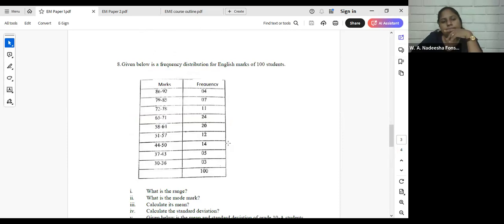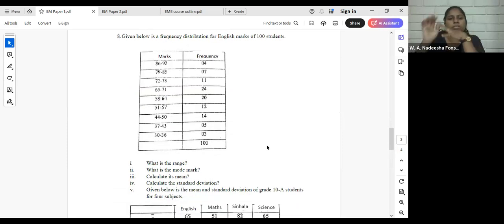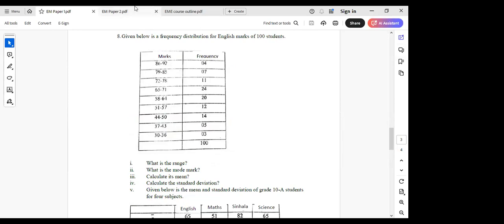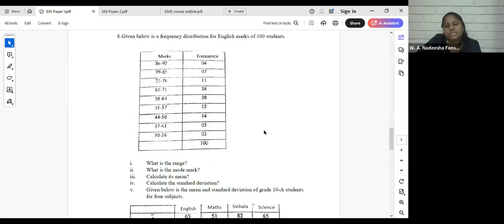Question 8. Given below is the frequency distribution for English marks of 100 students. What is the range?